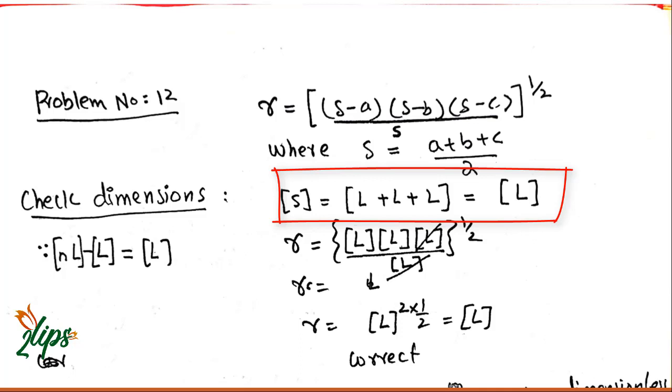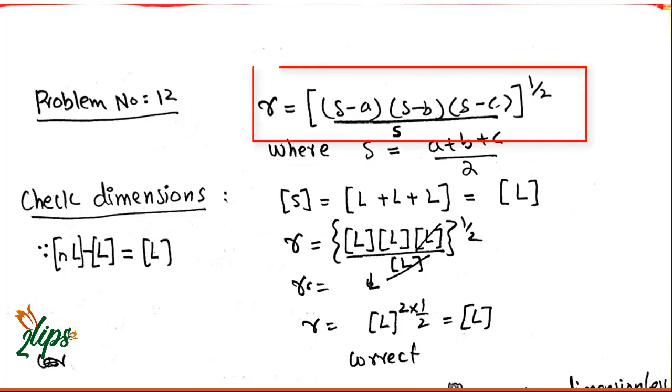So s has dimension L, and now let us check the dimension of s minus a, s minus b and s minus c. Since the dimension of s is L and the dimension of a is also L, s minus a will give me L, because only those quantities can be added or subtracted whose dimensions are the same. So this s minus a has dimensions of length.